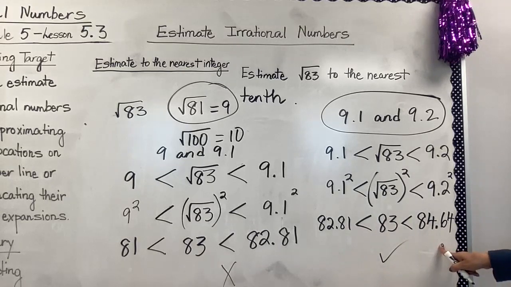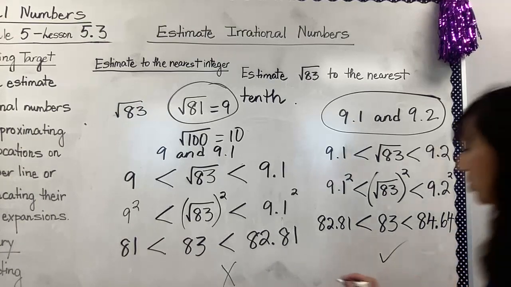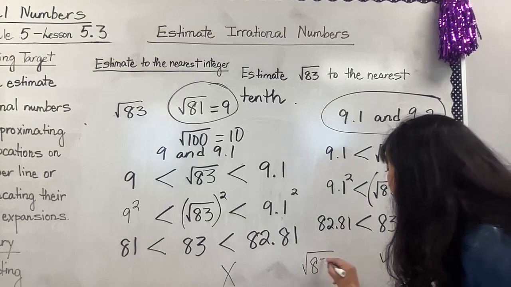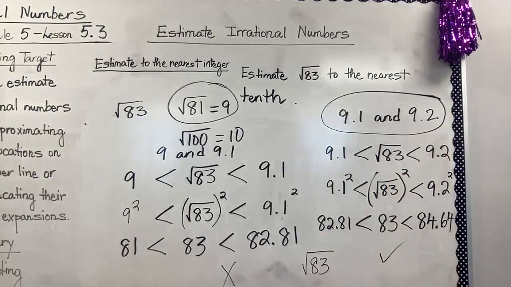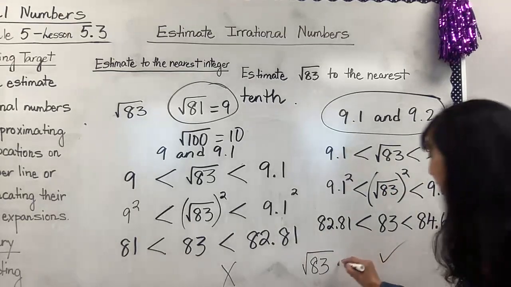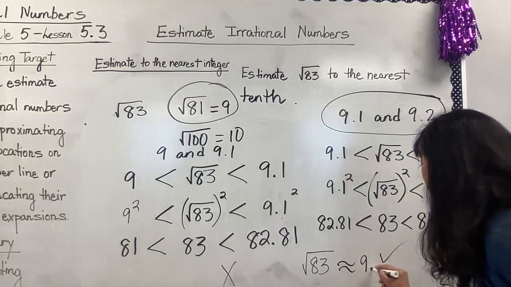So if we are finding the approximate value, estimating it to the nearest tenth, what is it going to be? We are going to have the square root of 83 is approximately 9 and 1/10.